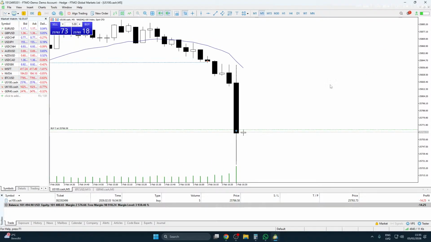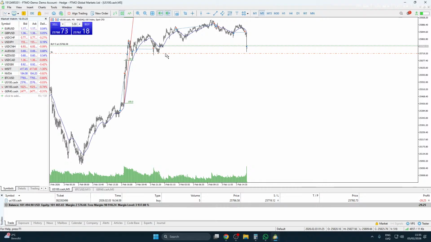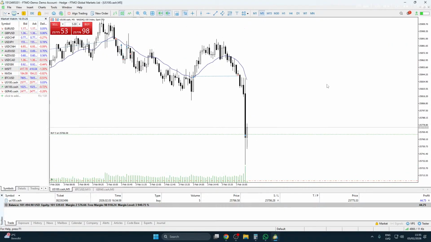Why is my chart like that? Okay, let me just put a stop below it. Not quite below it, but a bit below these lows. Okay, and let's see.